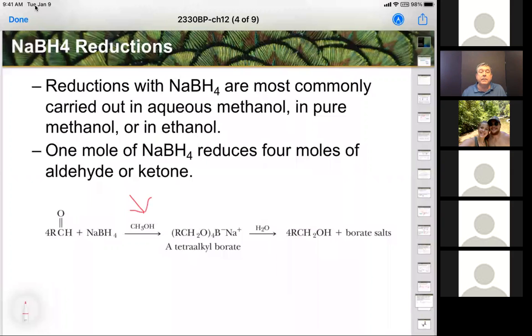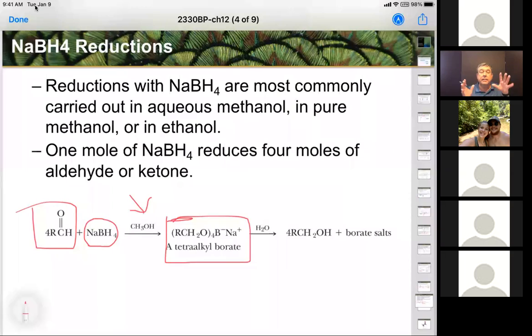It still has 2 hydrides to transfer. That means we can have 4 carbonyls reduced with just 1 equivalent of sodium borohydride. That creates a whole bunch of this intermediate, which is a stable salt, and then we have to decompose it with water at the end to generate our primary alcohol. So how does this work?